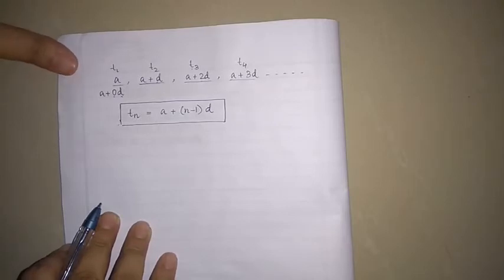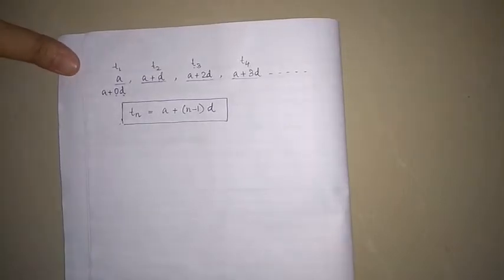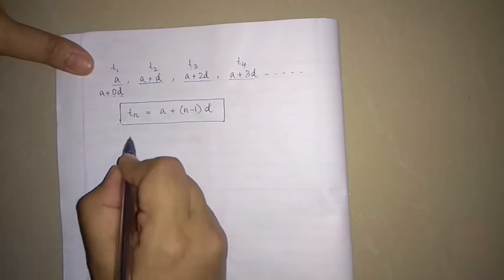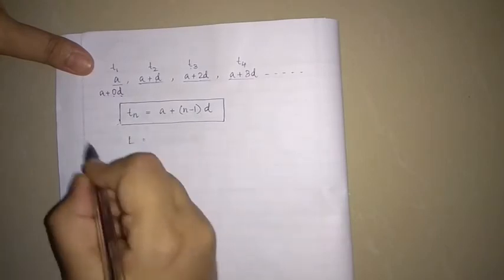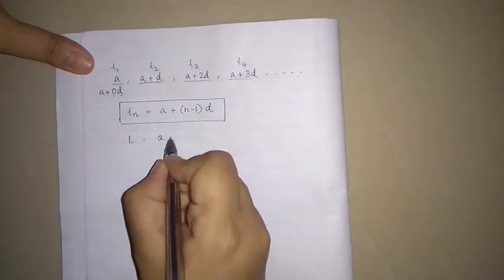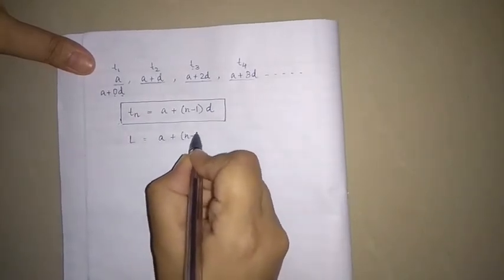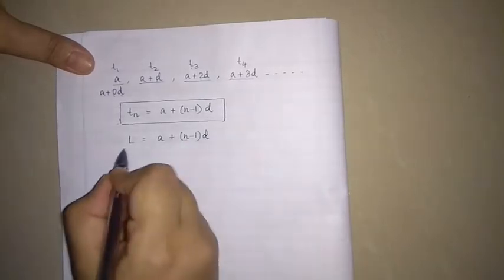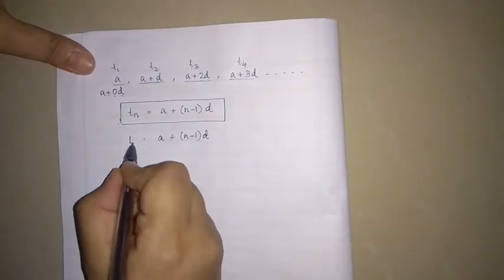Now, suppose we are given to calculate a last term L, which is an nth term. The formula is a plus n minus 1 into d, where n is the position of the term, the number of the term.